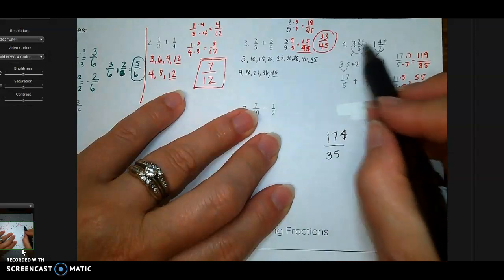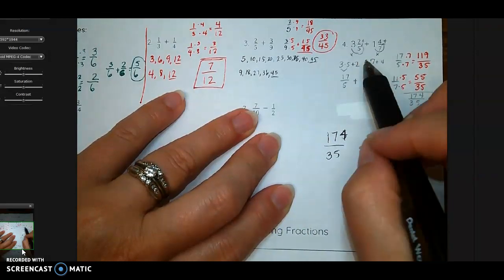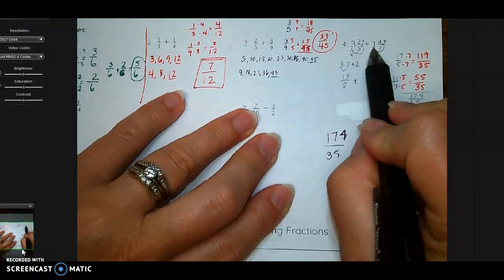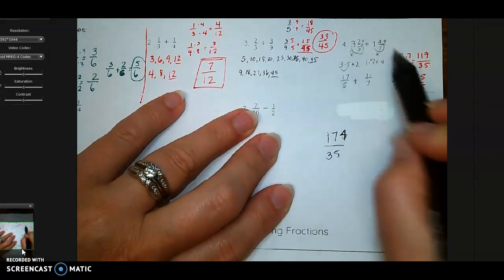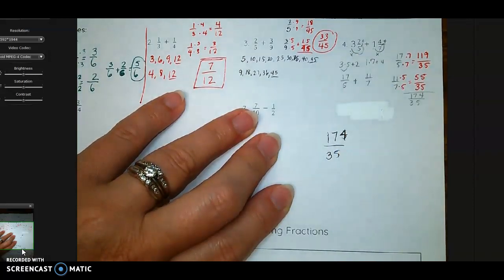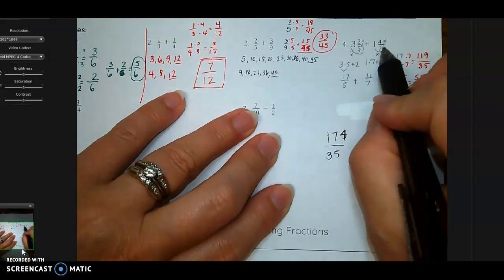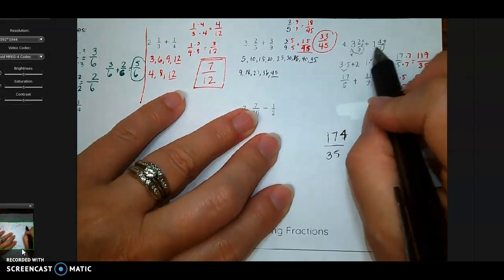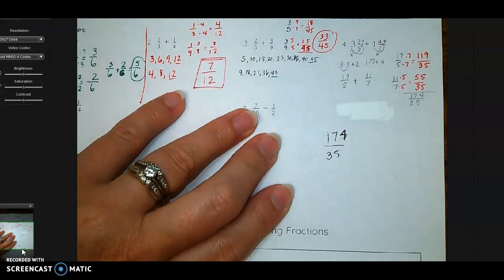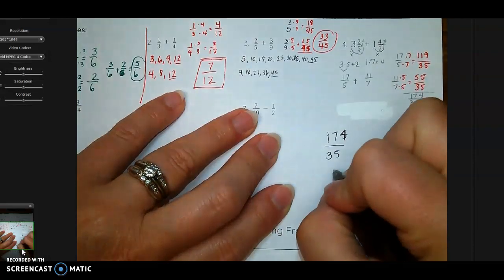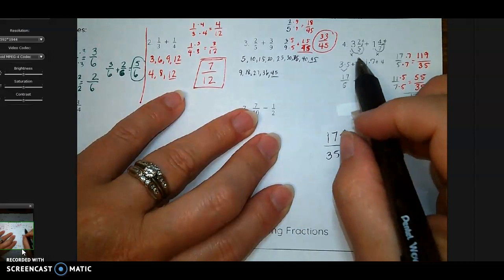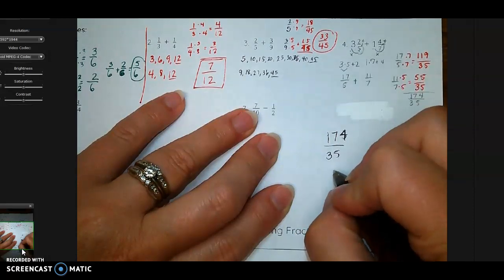I know I'm going to be turning back into one of these mixed numbers, which makes sense because 3 plus 1 is 4. So I know my answer is going to be around 4, and then I'm going to be adding, this is a little more than half, this is a little less than half, maybe one more whole on there, so maybe an answer close to 5. So I think it's going to be close to 5 if I look at that estimation part.